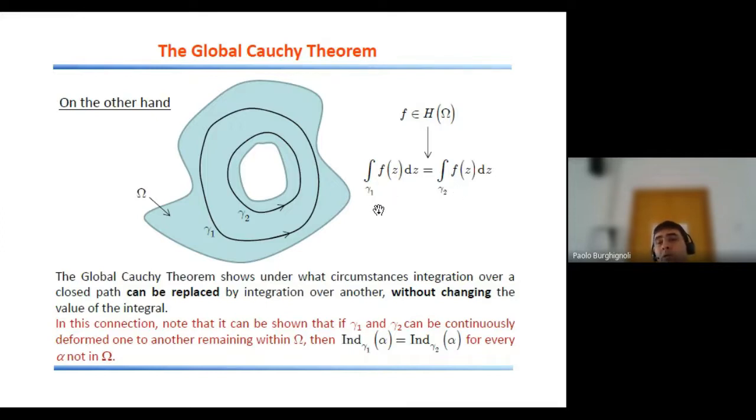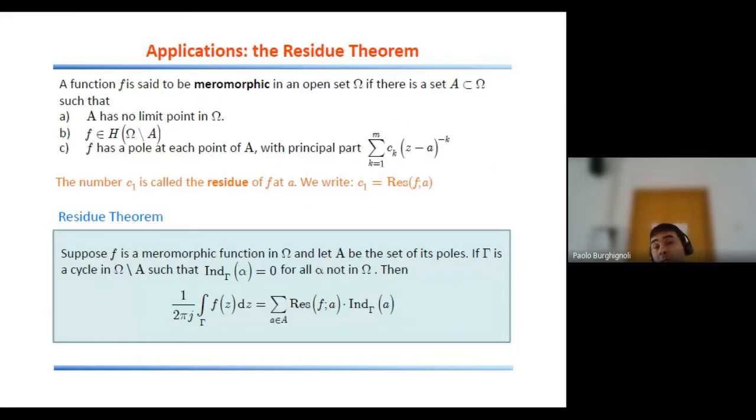So one way to be sure that you don't alter the value of the integral is to make a continuous deformation of the integration domain while remaining inside the domain of analyticity. That's the point of the global Cauchy theorem. And the most important probably application of this is the so-called residue theorem.